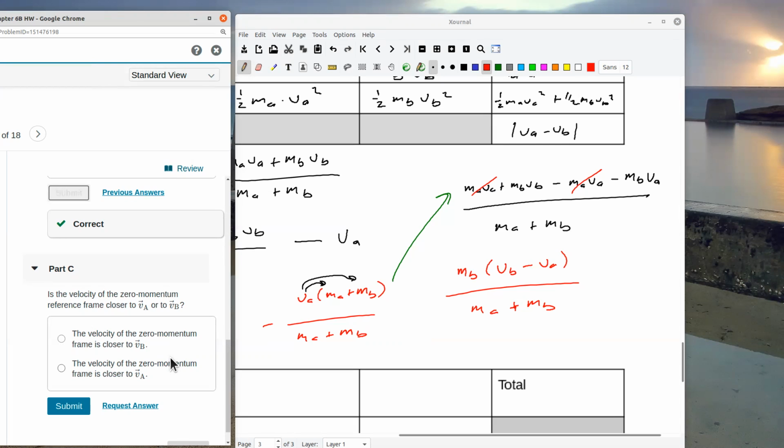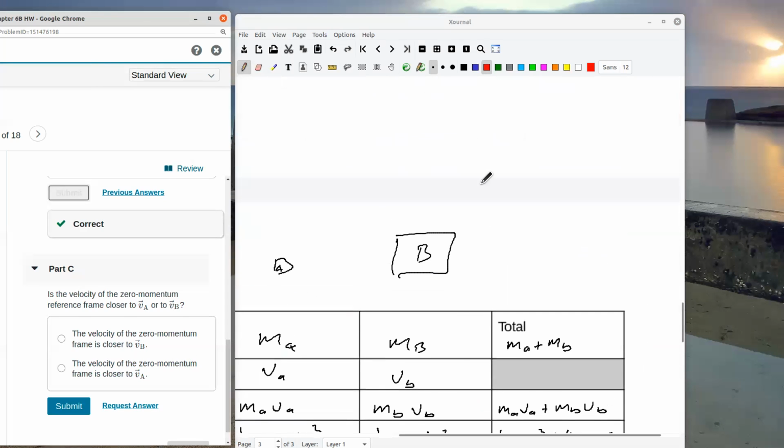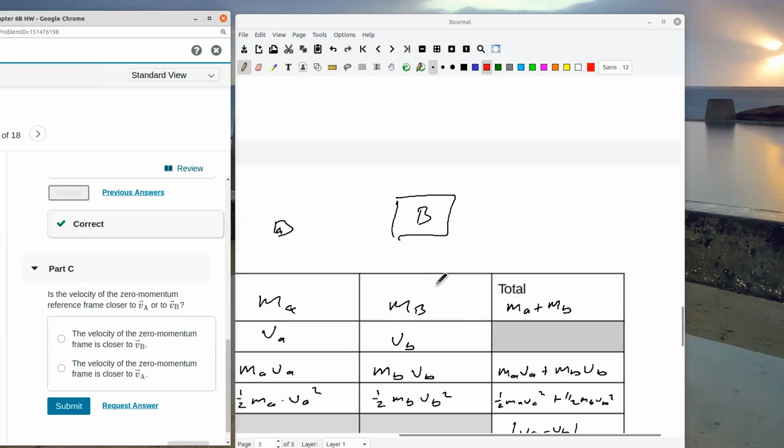The satellite's not going to change that center of mass velocity or position very much at all. So it's going to be closer to the velocity of the heavier object. Which one's the heavier one? B. That's what MB much greater than MA means. So it's going to be closer to VB.